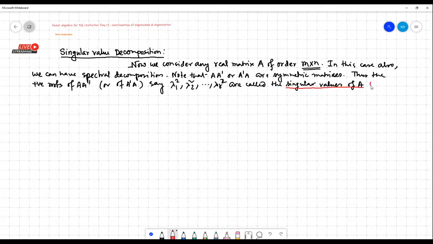where r equals the rank of A'A or AA', where r is the minimum of the order of matrix A, m comma n.